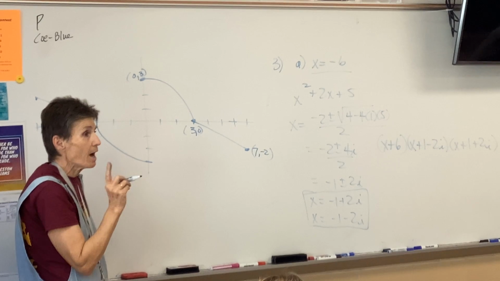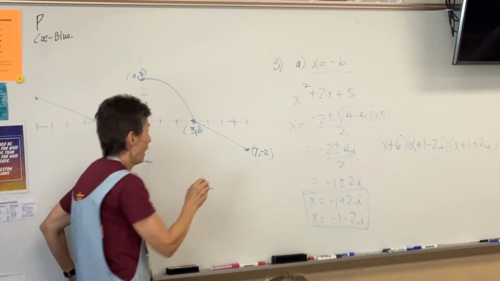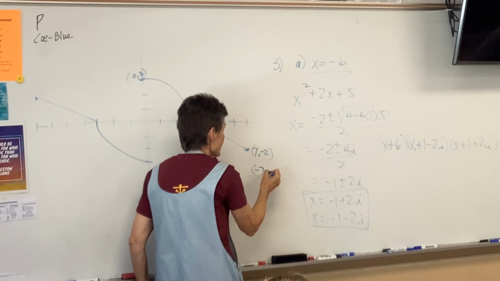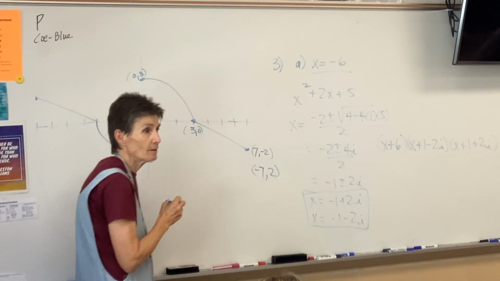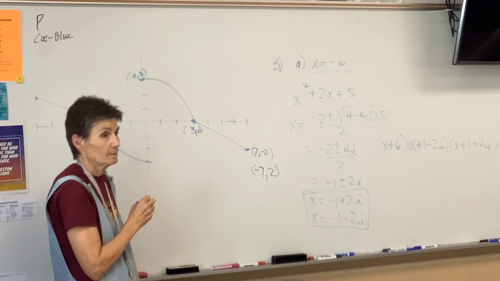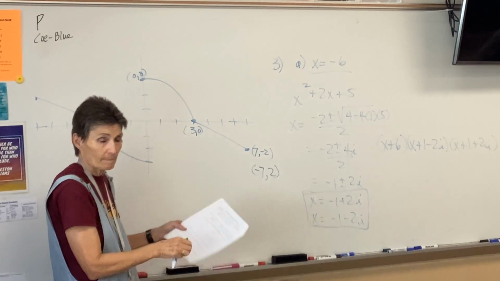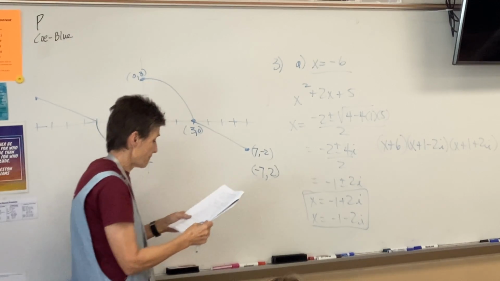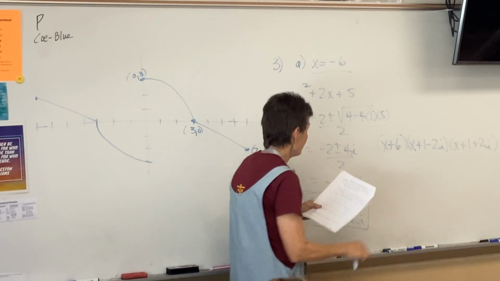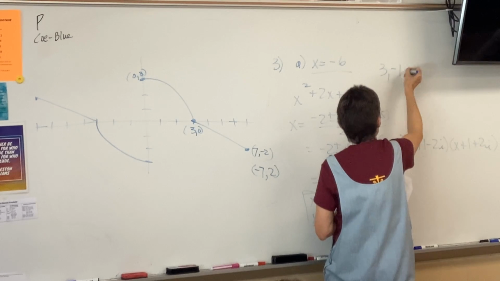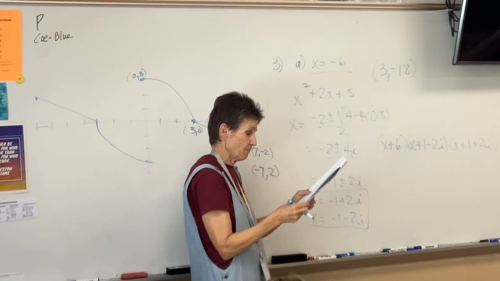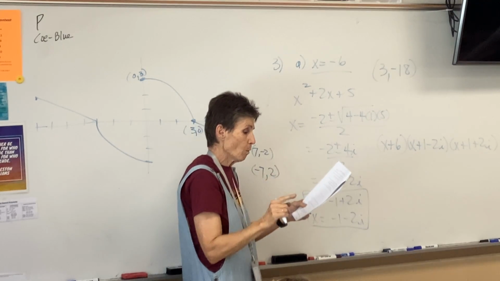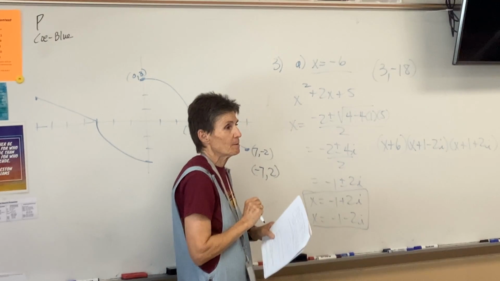Again, what does odd mean? Odd means if you change the sign on X, you also change the sign on Y. If 3, negative 18 is on the graph of an even function, what other point is guaranteed to be on the graph?